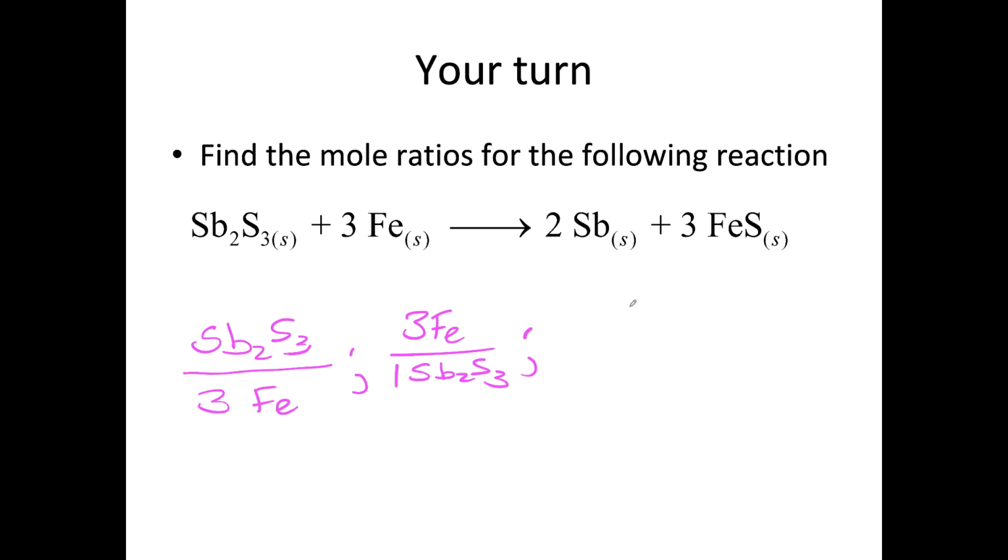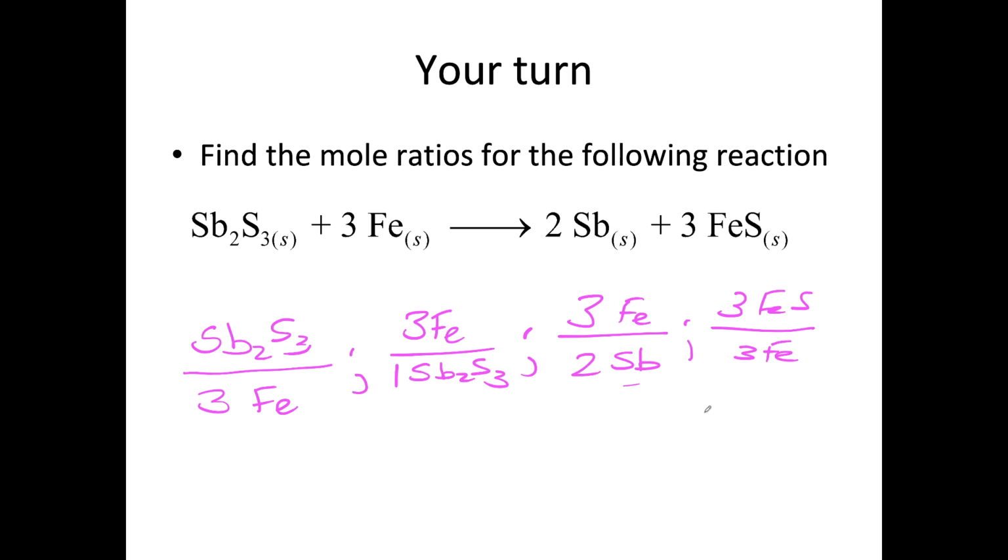So let's go this way. We have 3 iron, and we're going to end up making 2 Sb, antimony. So for every 3 irons we have, we're going to end up producing 2 of these. And look, we've got 3 iron sulfides made. To make those, we have to have 3 irons.